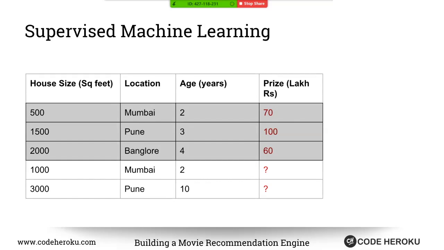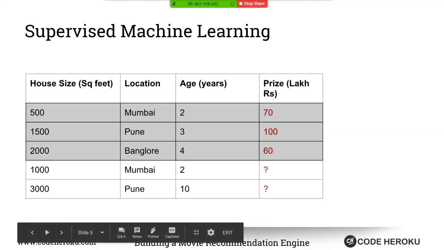Once you are given this data set, your job as a machine learning engineer is to predict what the price is going to be for these two houses given these parameters. So you need to predict these two values.